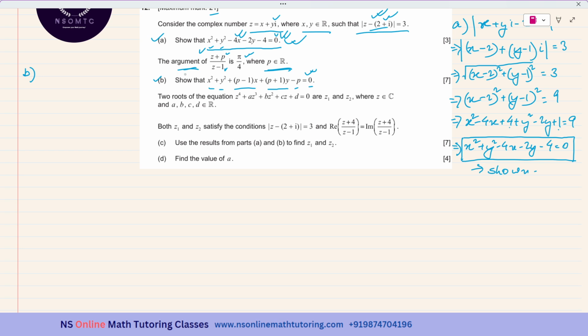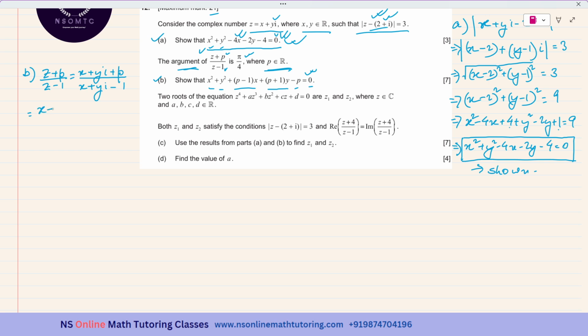I'm starting with this. So it is z plus p over z minus 1, which is equal to x plus yi plus p, and this one is x plus yi minus 1. Okay, and I can group the real and the imaginary parts.